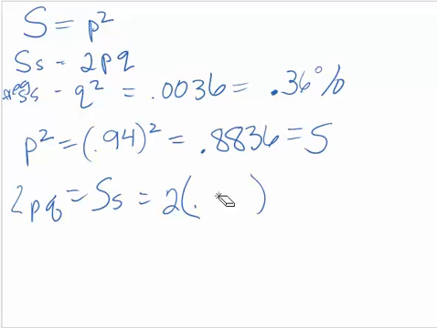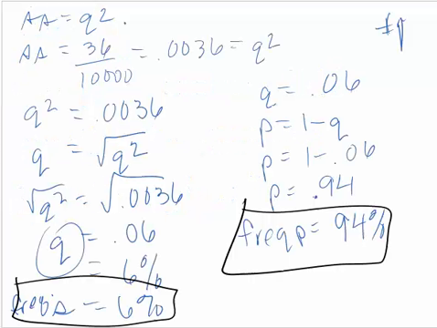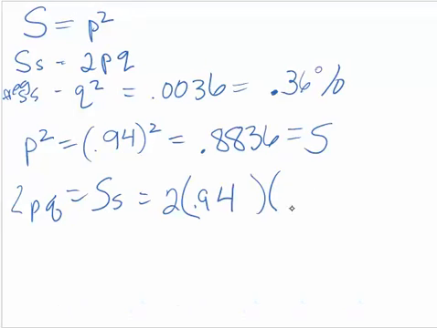And then what was Q? Let me go back to this one. Q was 0.06. And then what does that equal? Let's see.